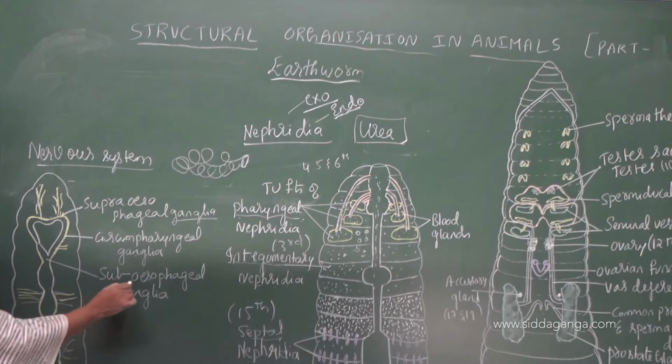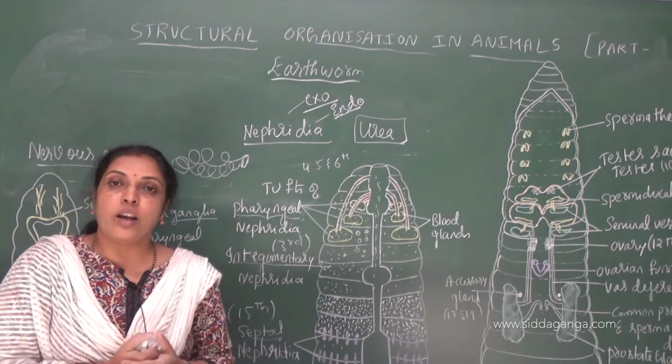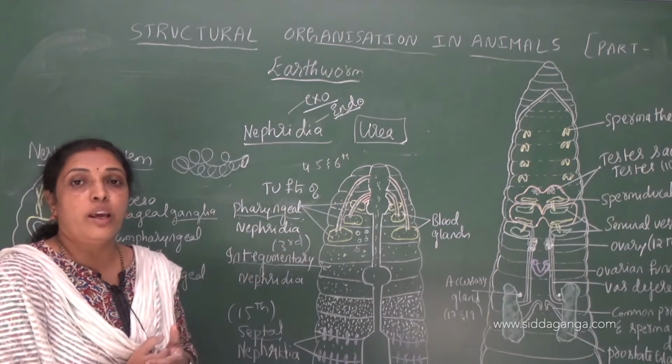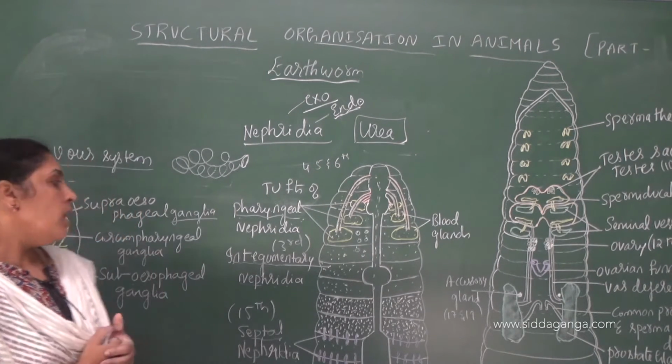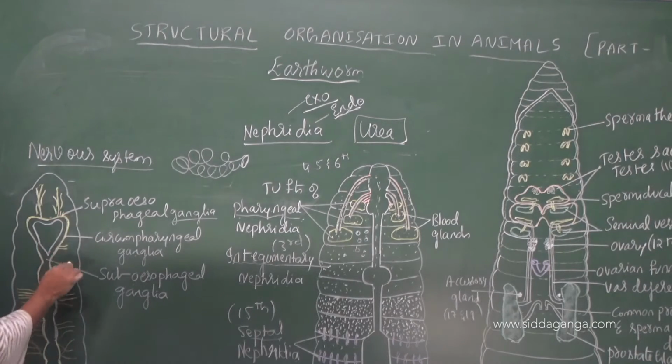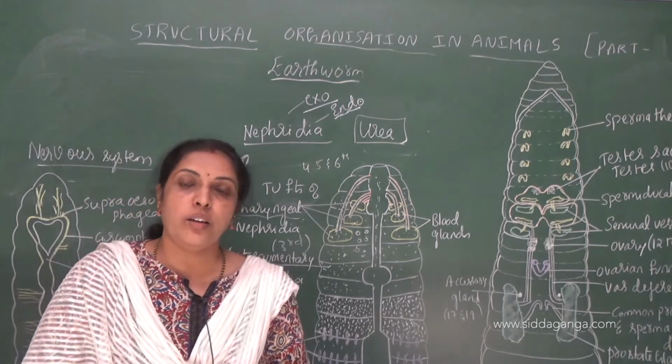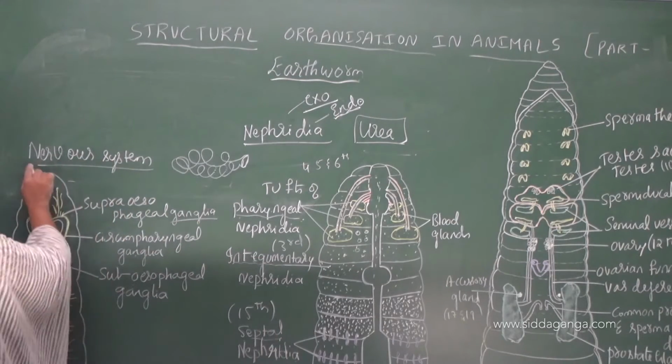Below that we see subesophageal ganglia. All three ganglia are connected to each other with a longitudinal nerve cord. Like this, the nerves are distributed throughout the body of the earthworm. Understood? That is about the nervous system.